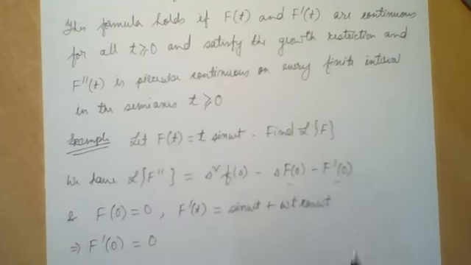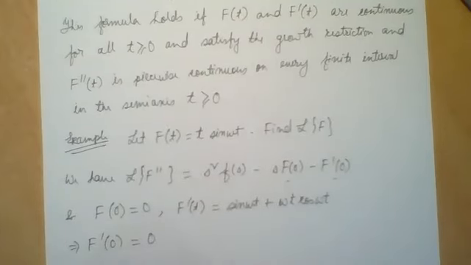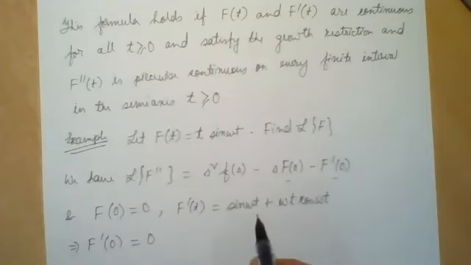Now let us calculate f double prime. If you differentiate this again, what will you get? You will get omega cos omega t plus omega cos omega t minus omega square t sine omega t.